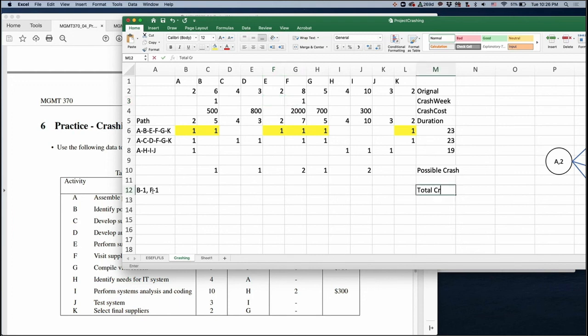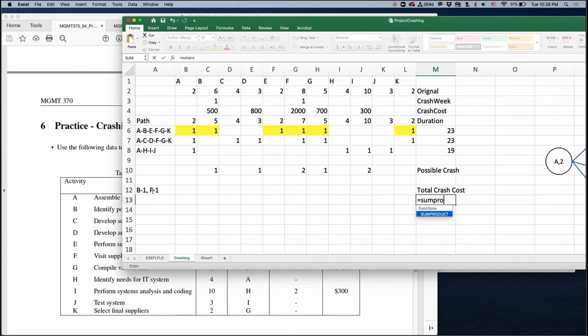total crash cost, which will be simply the sum product of crash cost and crash week. Then for this case, your total cost is 2,500.